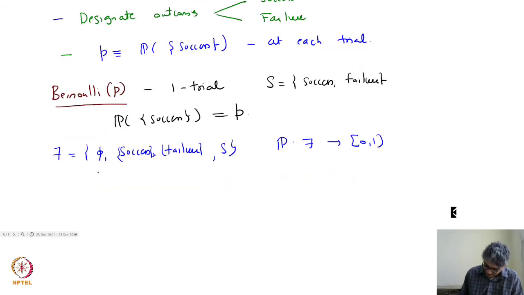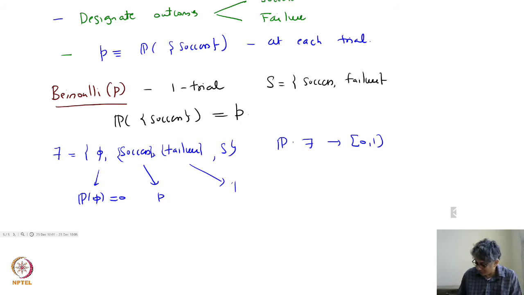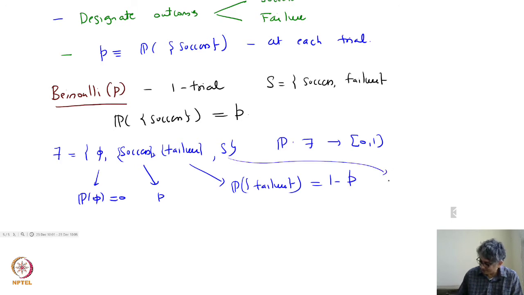The probability of the empty set is 0, that I know. The probability of success is P by definition. Failure is the complement of success, so the probability of failure is 1 minus the probability of success, which is just 1 minus P. And the probability of S we know is just 1.